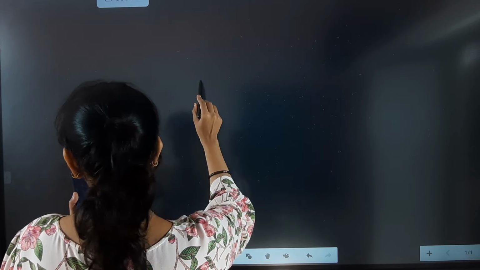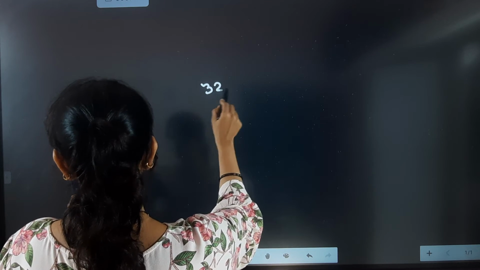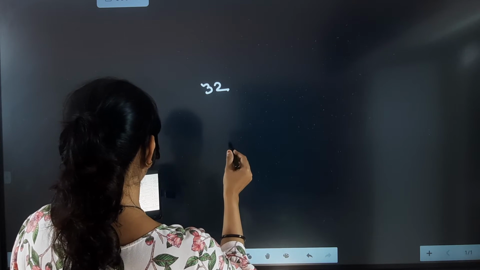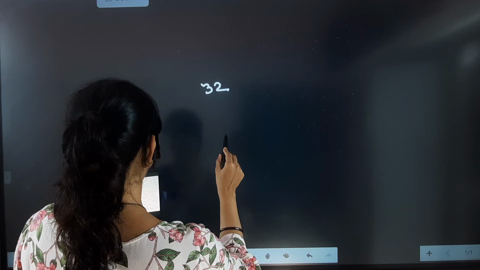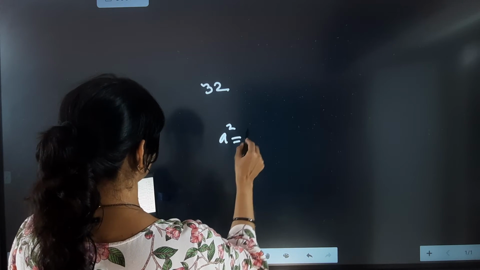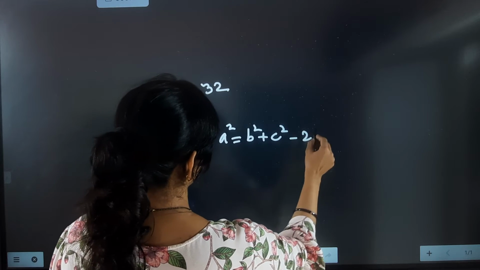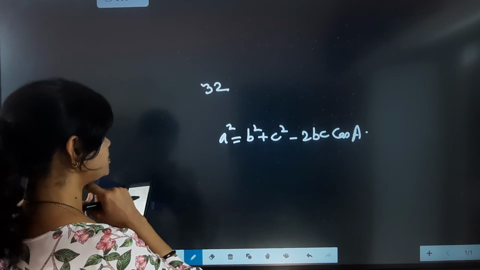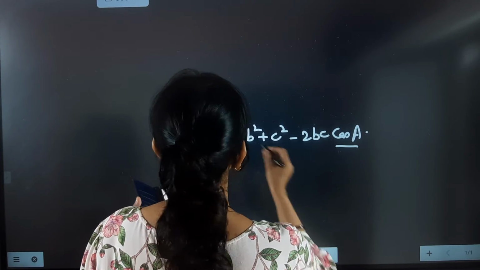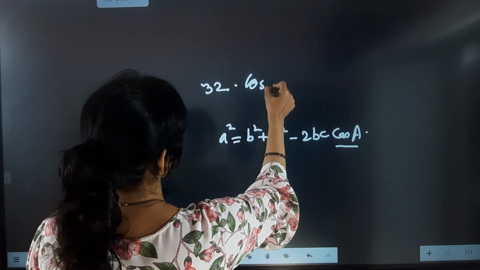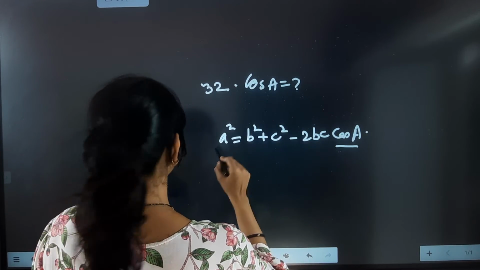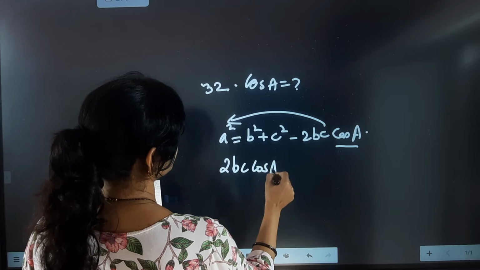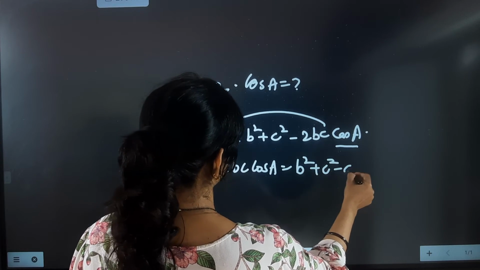Now question number 32. The formula is A square equals B square plus C square minus 2BC cos A. Based on this, they are asking what will be the value of cos A. First we shift this part to that side, so 2BC cos A will be equal to B square plus C square minus A square.